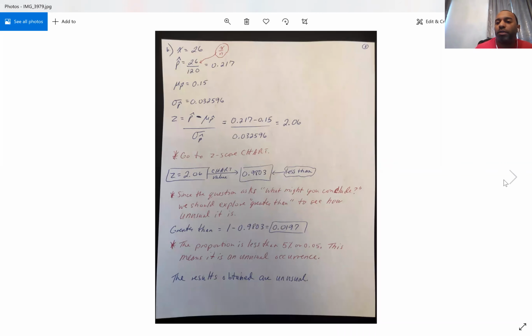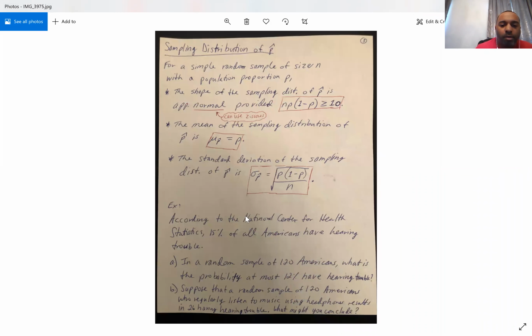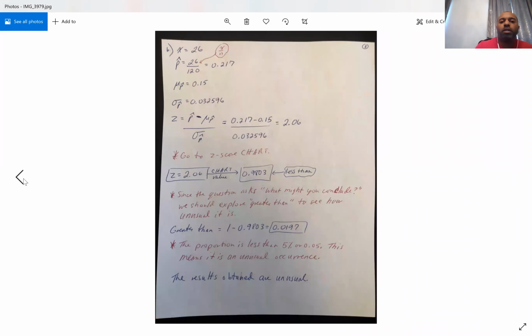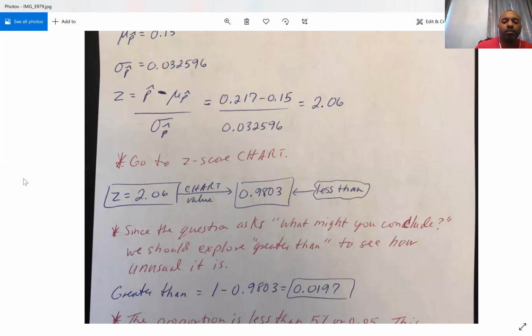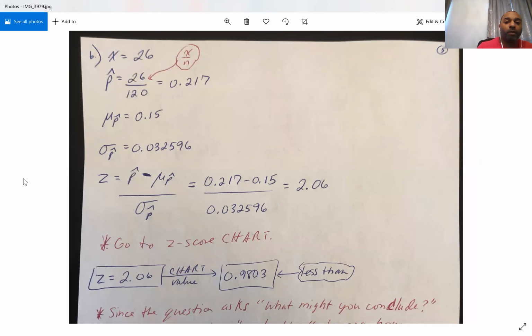All right, so going to B, we want to suppose that a random sample of 120 Americans who regularly listen to music using headphones result in 26 having hearing trouble. What might you conclude? All right. So they give us X is 26, 26 having hearing trouble.